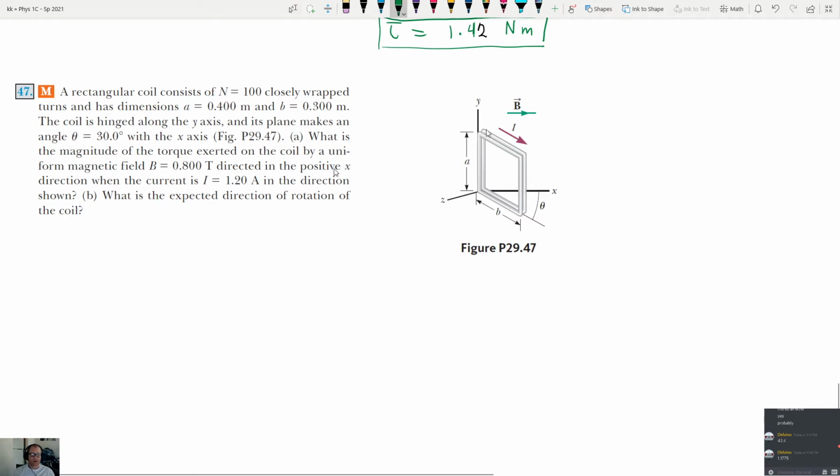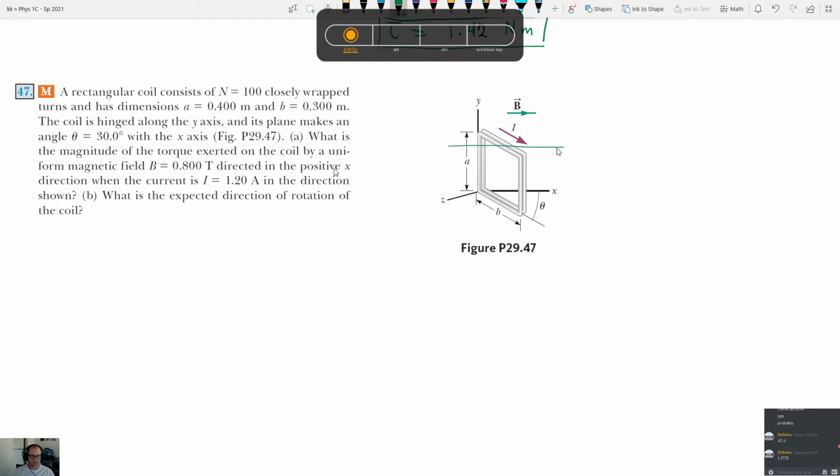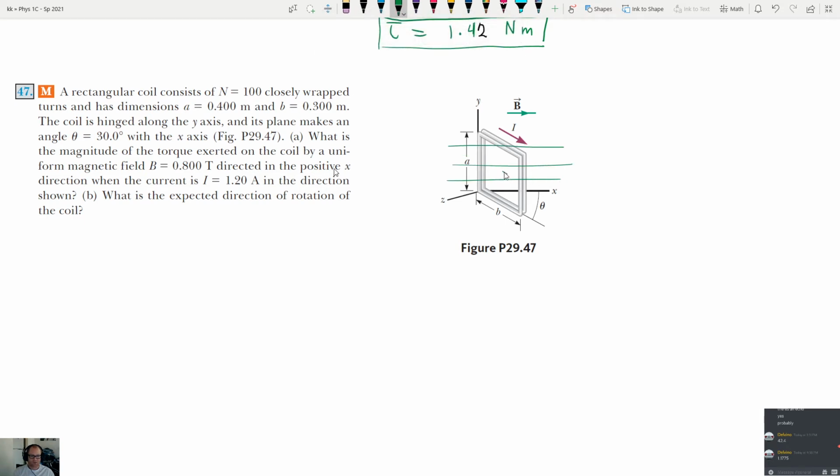So it's drawn right there, B. Now B is going to be uniform. It basically is going to be everywhere in the xy plane. So B is everywhere here in a straight line this way. Everywhere in the xy plane we have a magnetic field B, and then of course extending out in the positive z and negative z direction.